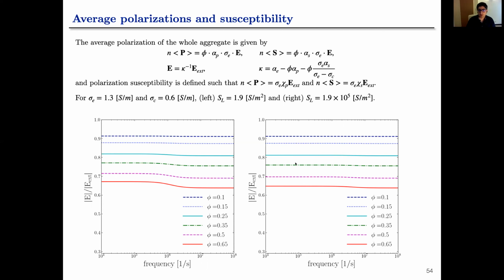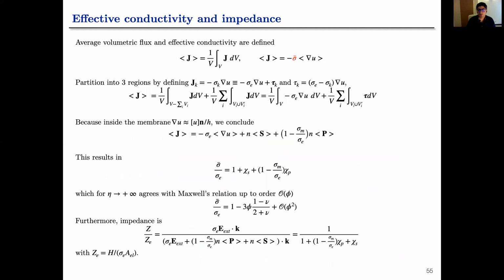And yeah, we can go further and ask what are the effective conductivity and impedance that come out of this triphasic model. For that, I would again compute some volume integrals of the electric flux and define the effective conductivity as the coefficient of proportionality between the average flux in the whole aggregate and the average electric field in the whole aggregate, the sigma bar.